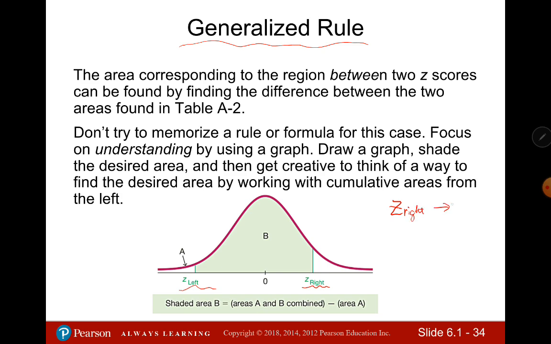You will find the area 1. Then you will have another smaller z-score. You will find the area 2. After that, area 1 minus area 2, you will get the answer.